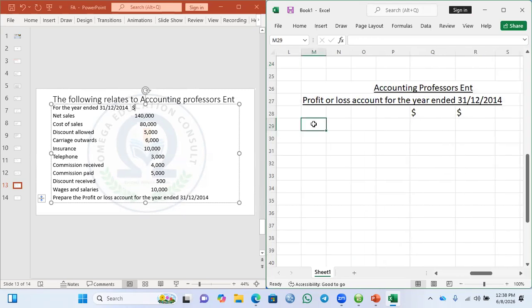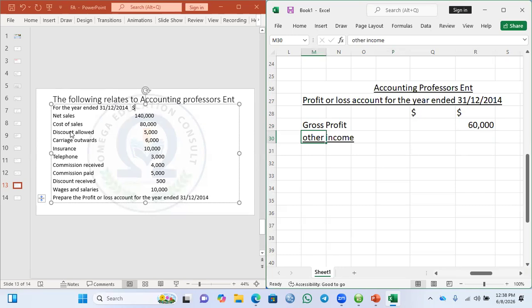Okay, gross profit. You put it there, $60,000. That's all. Then after bringing your gross profit, you add the other income. In this question, you have other income, don't you? So let's look at it.